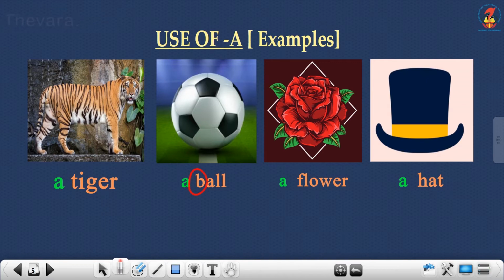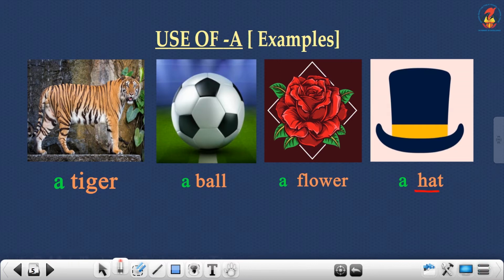So we should write the article a before the noun ball. A ball. The next one, a flower. Here F is a consonant sound and so we should write the article a before the word flower. A flower.